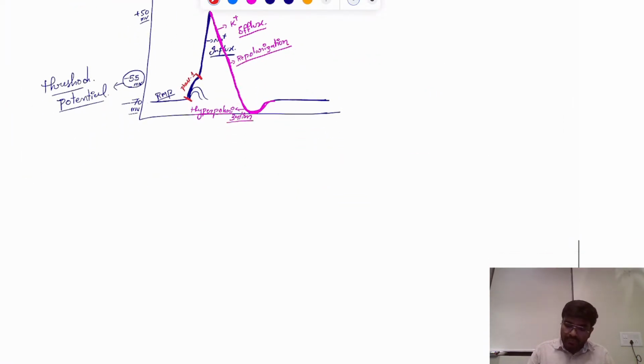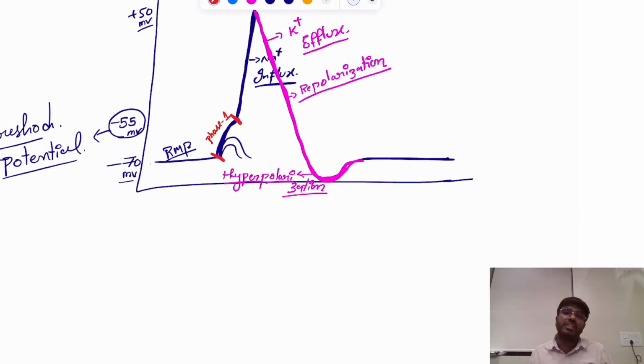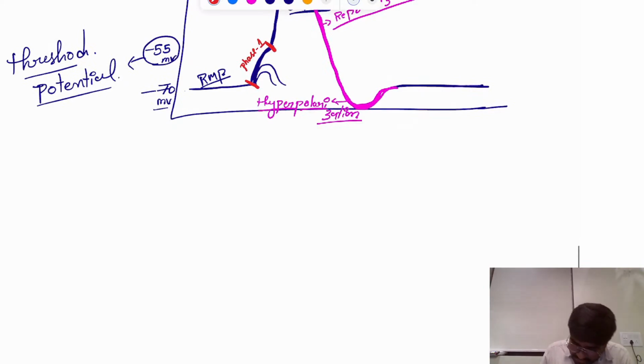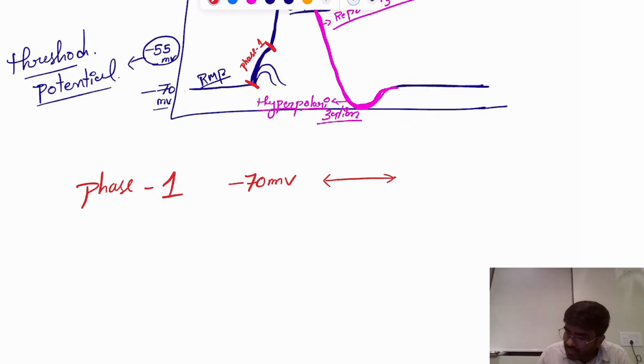Now, how many phases are there in the action potential of a neuron? First, phase 1. Phase 1 from where to where? From minus 70 millivolts to minus 55 millivolts, resting membrane potential to threshold potential. This is called phase 1.